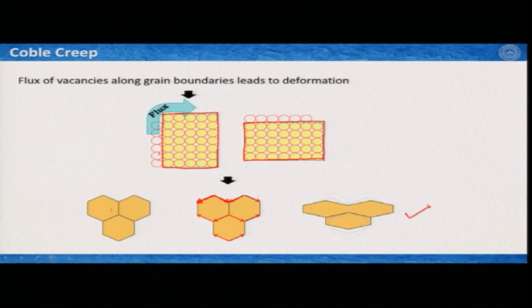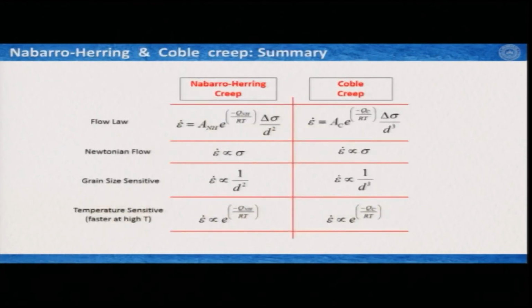The result is very similar. Now, it is interesting to note that the flow laws of Nabarro-Herring creep and Coble creep look very similar. For Nabarro-Herring creep it is exactly like this, and for Coble creep it is like this. What we see here is that both of them are Newtonian flow, the strain rate is proportional to stress.